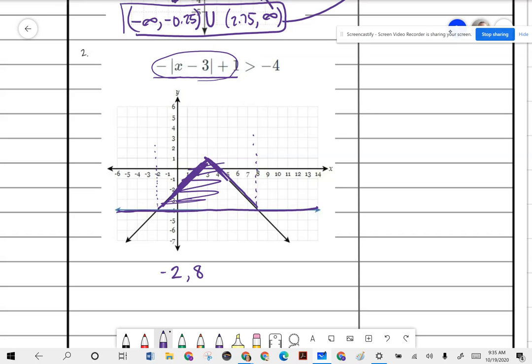Well, simply for the fact that this is not an equal to, we would simply just have that as -2 to 8. Okay, now as an inequality, I could write that as -2 is less than x is less than 8. So this is interval notation, and this is inequality notation. Make sure that we know how to separate those.